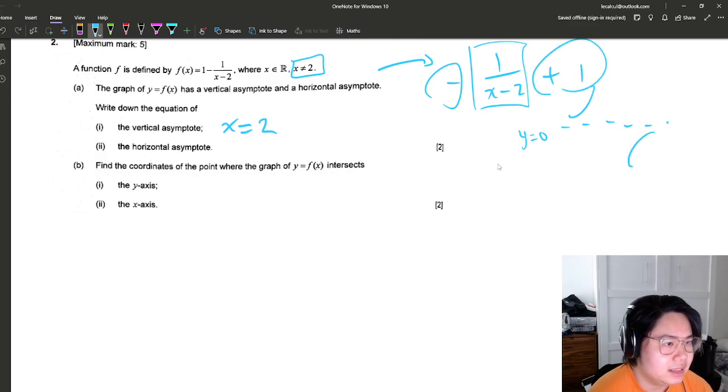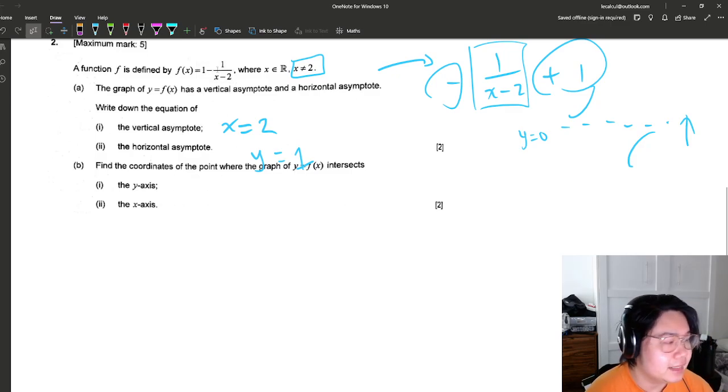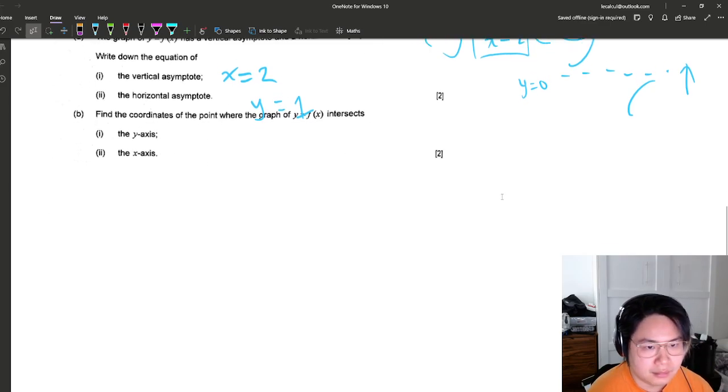And then this is a translation up 1 space, which includes the horizontal asymptote. So now the horizontal asymptote should be at 1. Another way you can look at it is take the limit. As x goes to infinity, this part of the function goes to 0. So you're just left with 1. Okay.